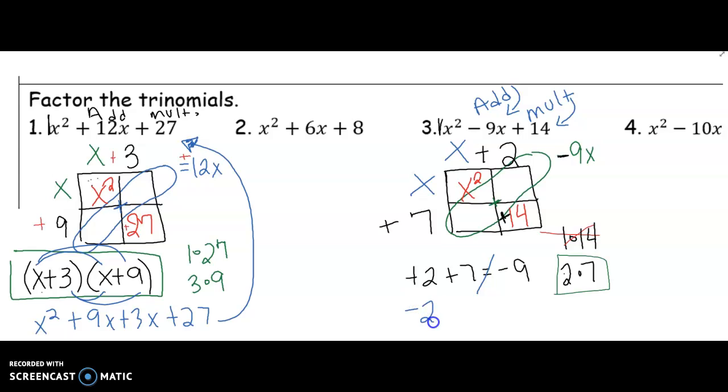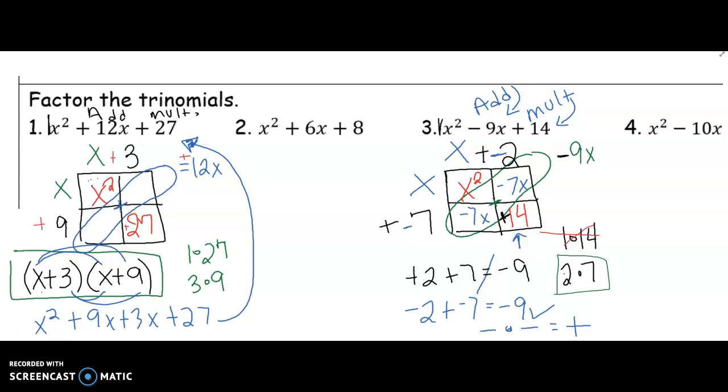However, negative 2 plus negative 7 gives me negative 9, so they both have to be negative. And if you do a negative times a negative, that equals a positive. So this is negative 7x, and negative 2 times negative 7 gives you that positive 14 that we need.